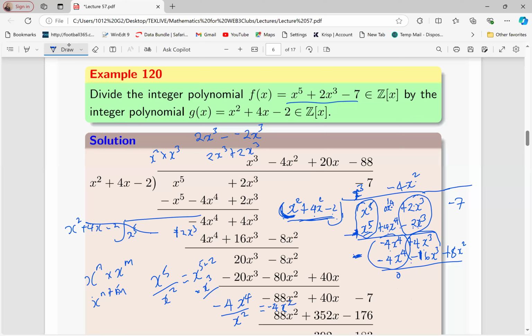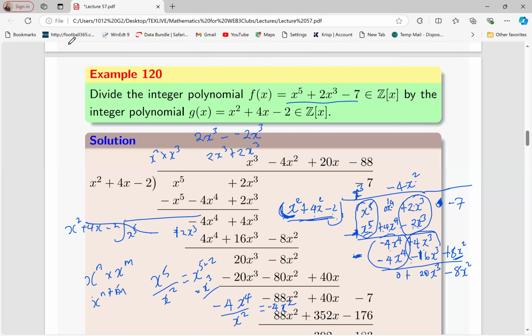When you subtract, you get 20x raised to 3. And this one's like term is 0. When you subtract this from 0, you have negative 8x squared. It has not reached a point of bringing that down.